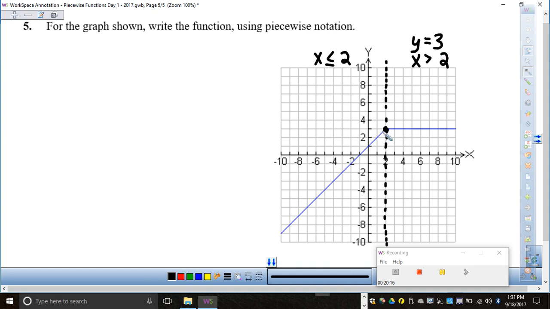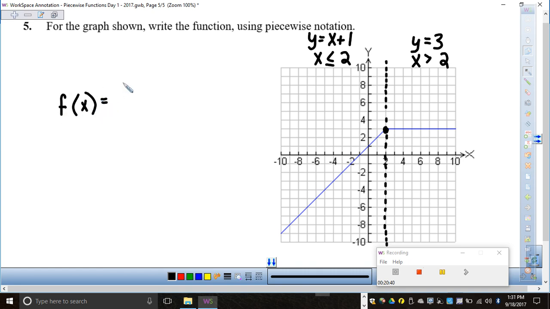On the other side, we're going to identify our slope and our y-intercept. So our y-intercept is 1. It looks like our slope, if we do rise over run, 1 over 1, the slope is also 1. So we can write y equals 1x, or just y equals x, and then do plus 1 at the end for the y-intercept. All right, here's how we want to write that out.